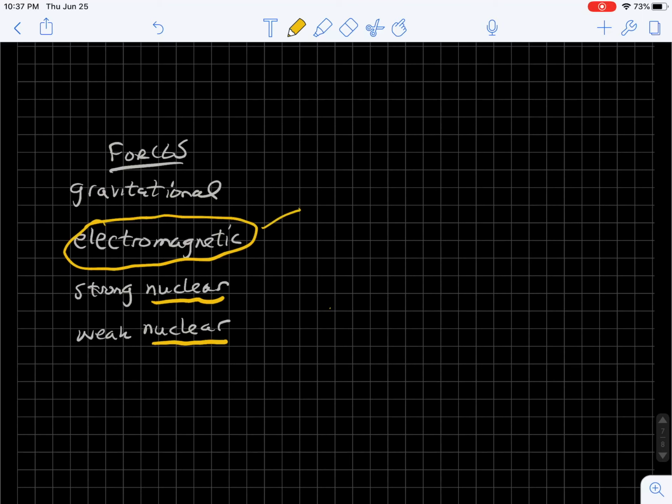And electromagnetic force is governed by what's called Coulomb's law, named after the scientist who developed this. And Coulomb's law says that electromagnetic force, F, remember we've got a little vector here for direction, force has direction, is equal to K times Q1 times Q2 all over D squared.